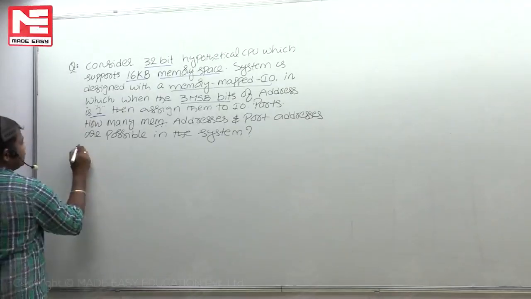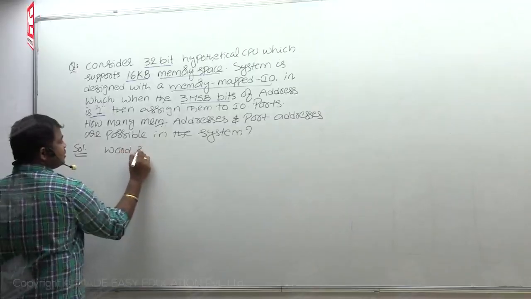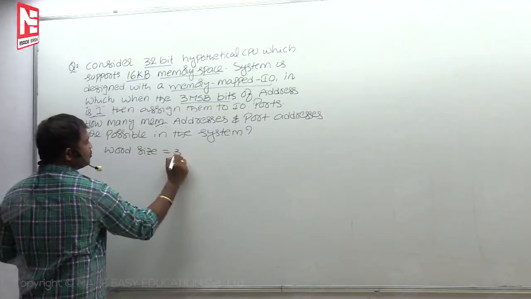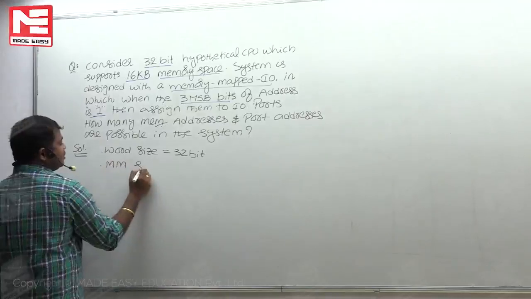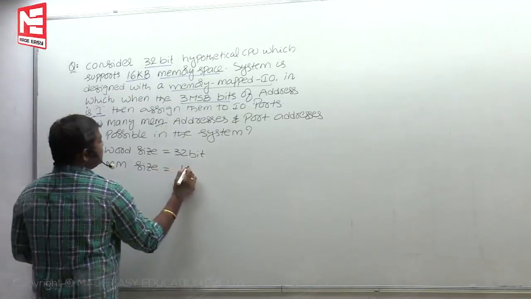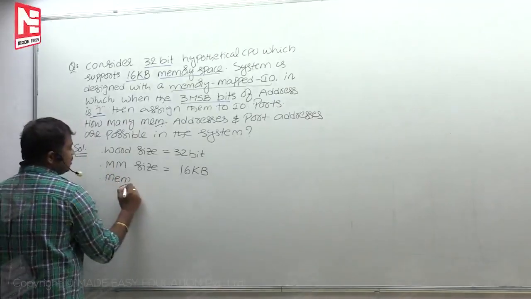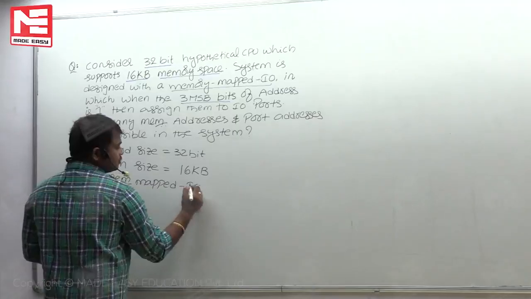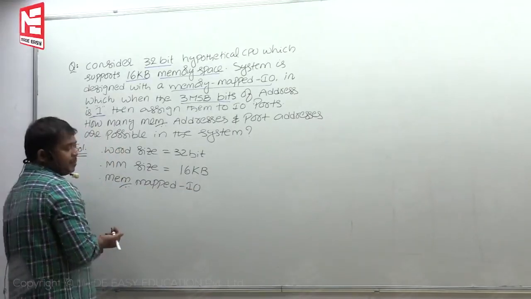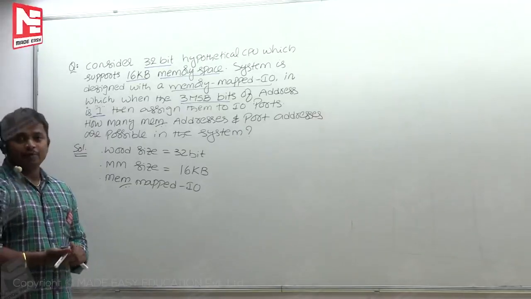Now solution is, word length of the system is 32-bit. Very good. Now main memory size equal to 16 KB. System is designed with a memory mapped IO. Correct? In the memory mapped IO, main memory addresses are assigned to IO ports.